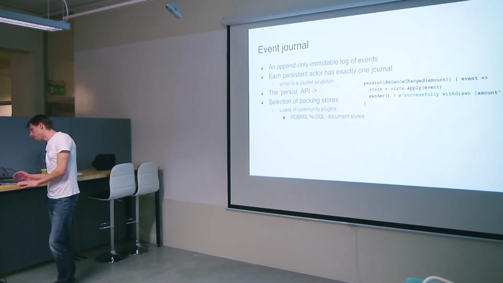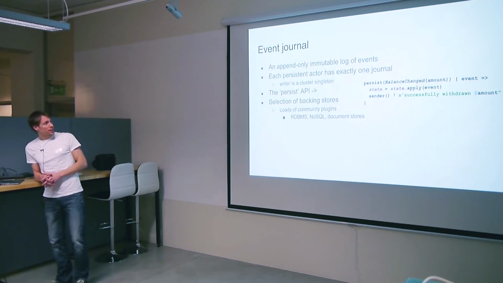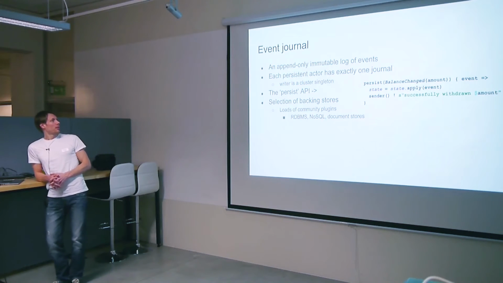The next concept is event journal. Event journal is the same as in event sourcing. It's an event-only log. An important thing to notice is that each actor has exactly one journal. The journal is a stream of changes to an actor state.